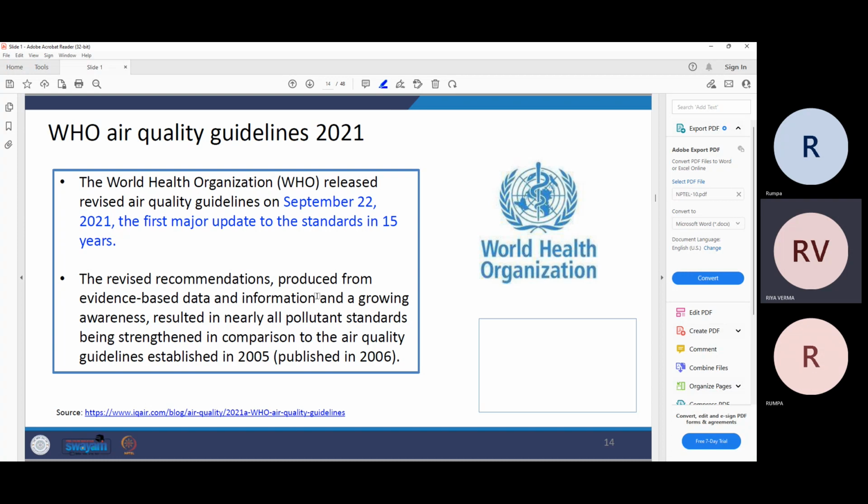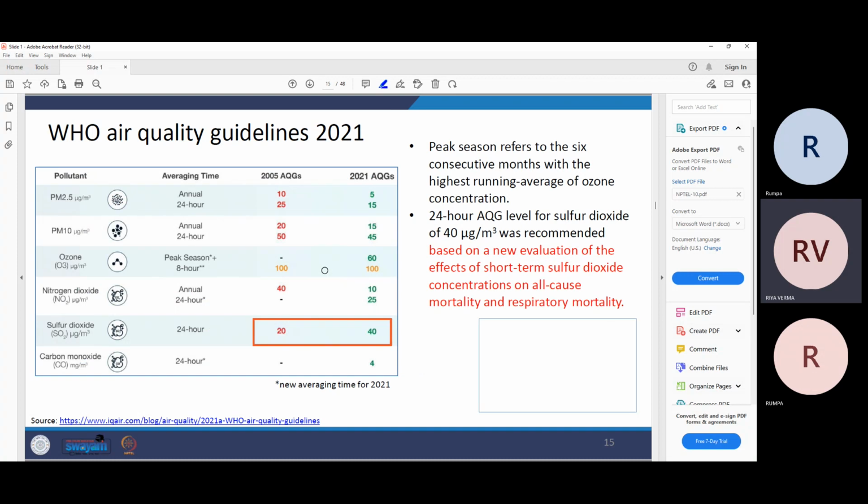So basically these revised guidelines given in 2021 resulted in strengthening of all the previously established standards. The guidelines were strengthened, and the policies were improved by these guidelines. So what are the components that are revised in the 2021 air quality guidelines?